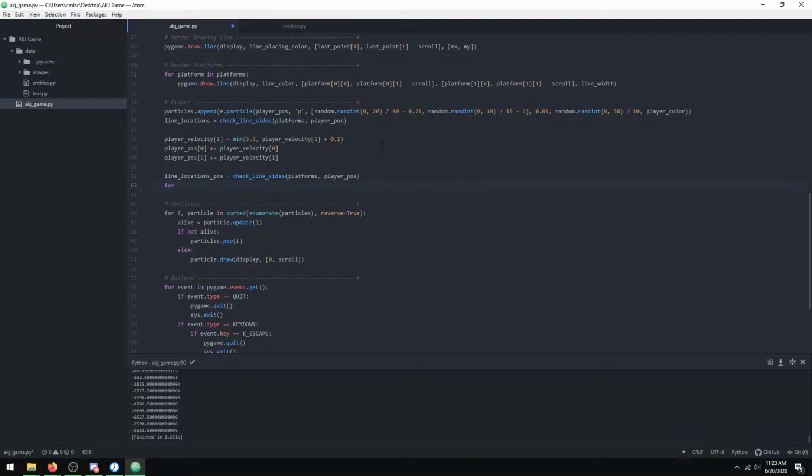So for side in line locations, I'm gonna need to do an enumerate so I can get the index of the second one. Enumerate.